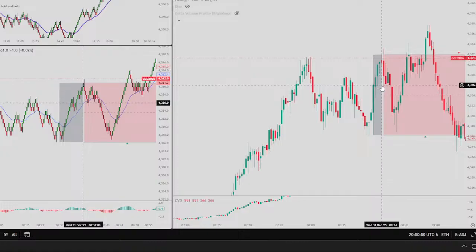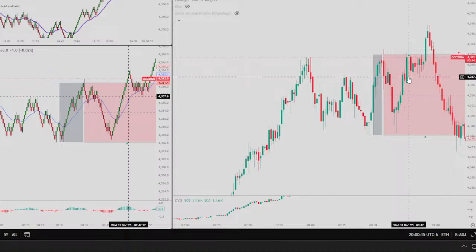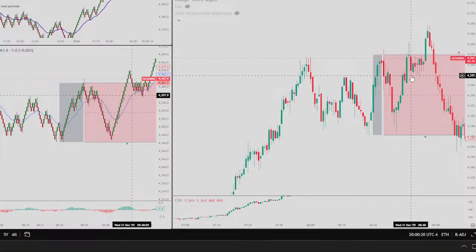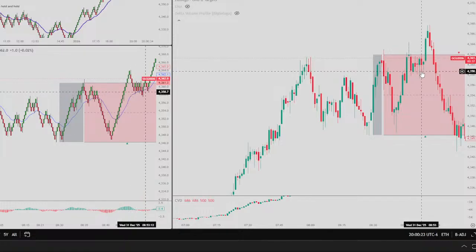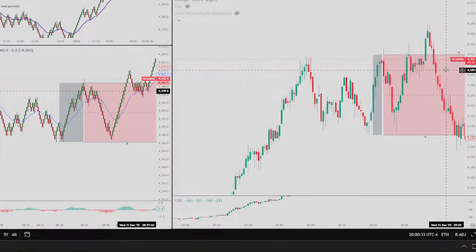Very low volume in here. I don't think you can see the numbers. Then volume increases as we get up here, and there's where you see the most volume. And look at all this volume while we're chopping. Then the volume started leveling off.